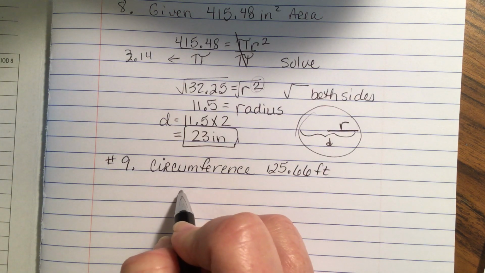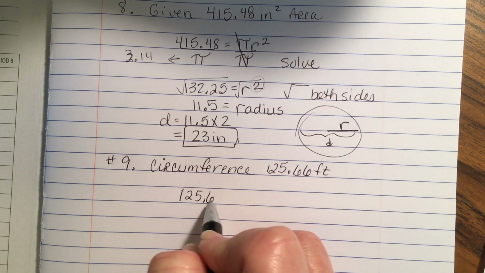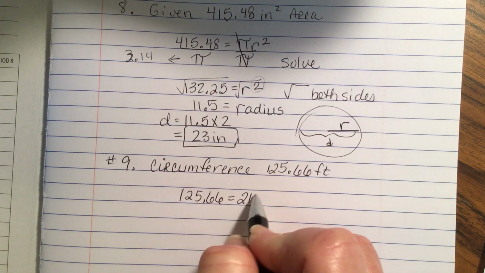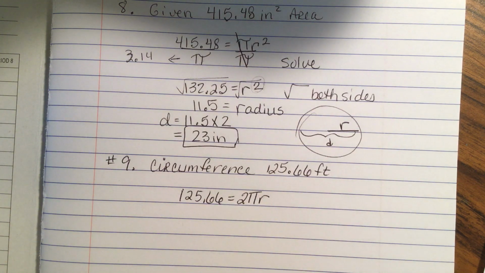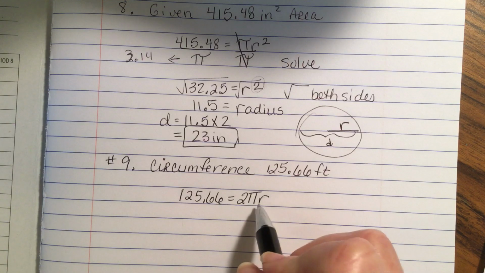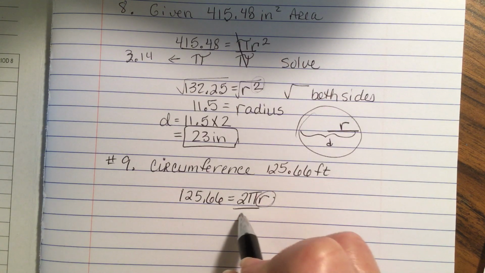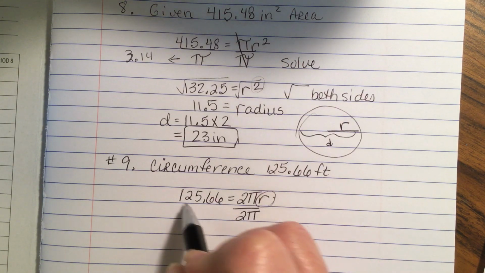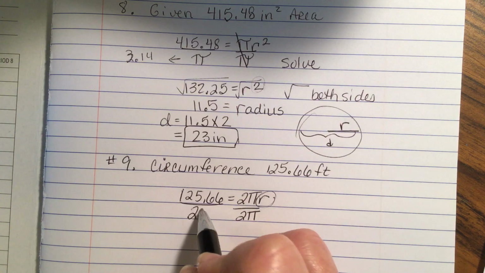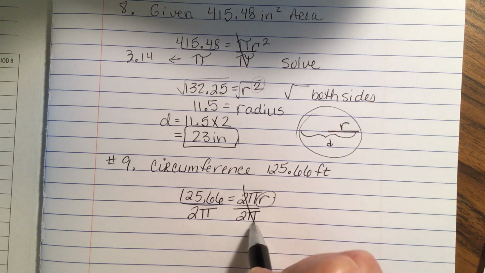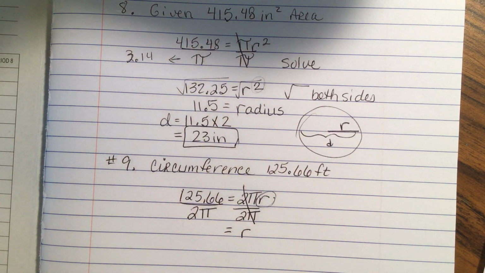So 125.66 equals 2 pi r. In this case, we're solving for radius. So I want to divide 2 pi on both sides, because division is the opposite of multiplication. That cancels out, gives us r.